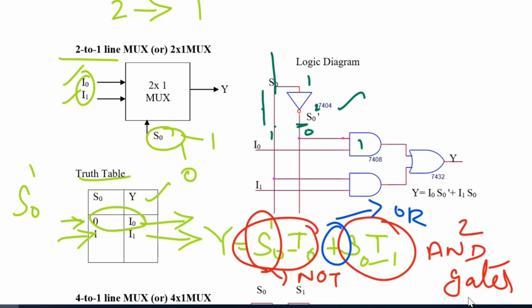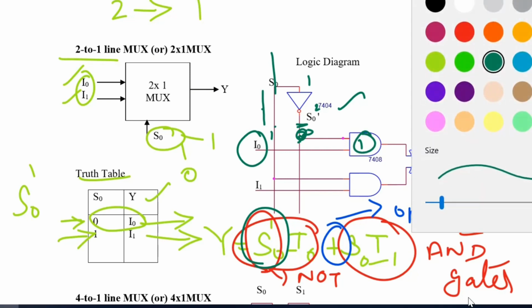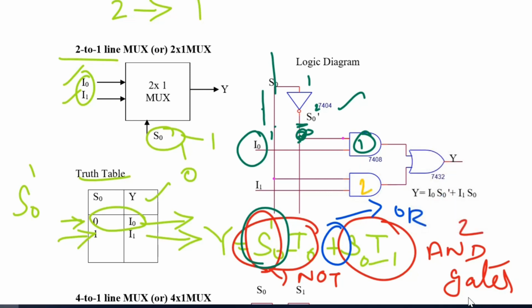In the first AND gate, we need S0 bar, so take one line from the NOT gate here and one line from input I0. Both are ANDed here in gate number 1. Then in gate number 2, again S0, I1. So take I1 and S0 here.